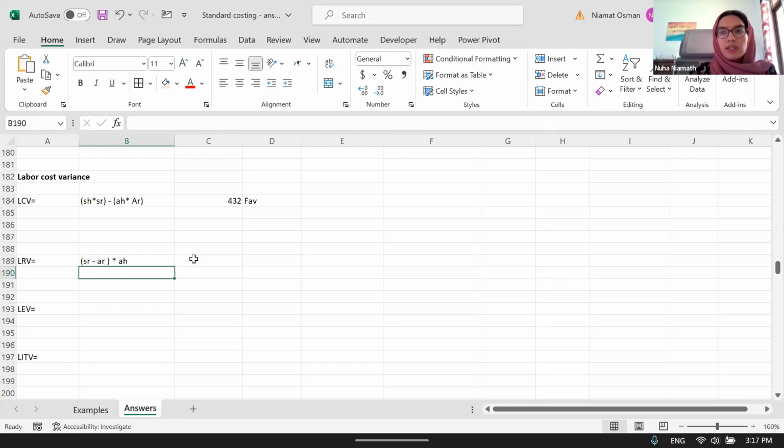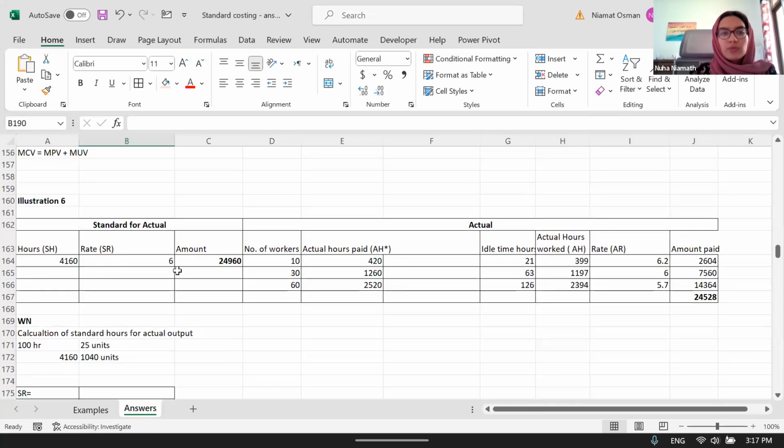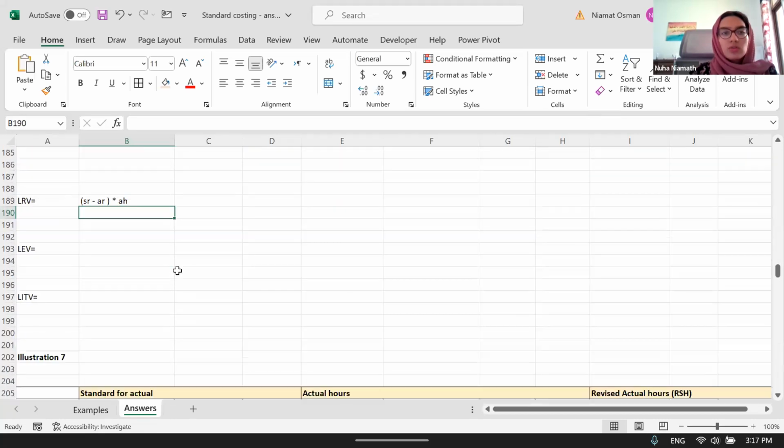Here we have multiple rates, so how will we do it? We can do it set by set: set 1, set 2.